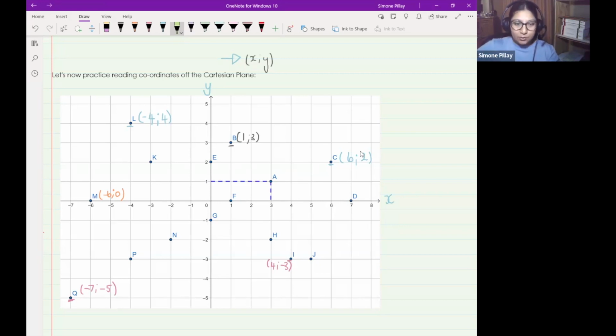P. Okay, so we're starting with P. Tell me, what am I doing? You can type it out. What are my coordinates? My coordinate pair. Open brackets. -4, 100% correct.